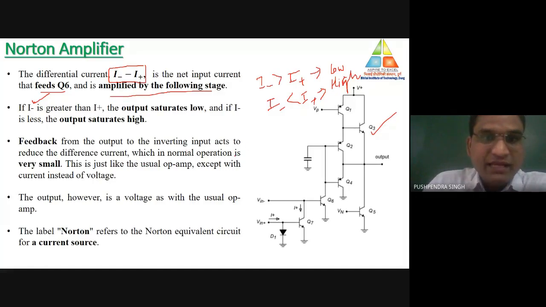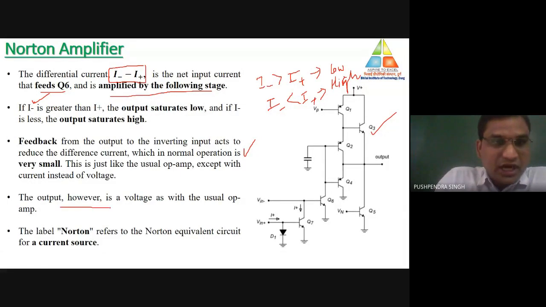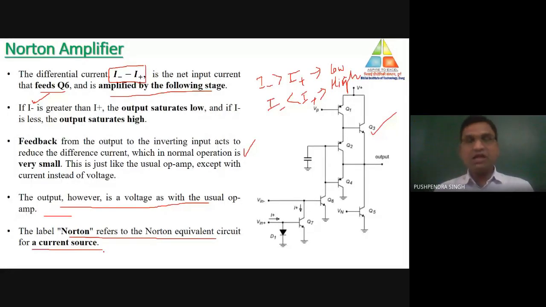The feedback element as usual is used to decrease the value of gain. It produces a small gain. The output is however a voltage as with the usual operational amplifier, and as I told you, Norton's refers to the Norton equivalent circuit for a current source. So this is all about the internal circuitry of the Norton's amplifier. Please remember all the things related to that, only then will you be able to work with this Norton's amplifier.